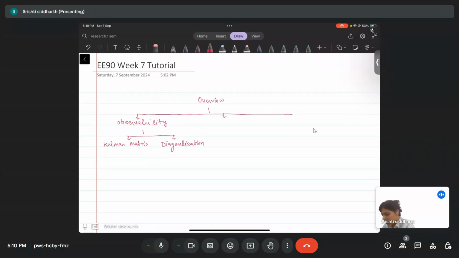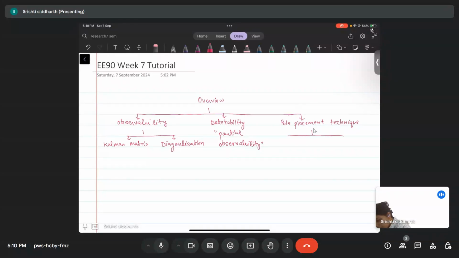After this, the concept of detectability, or partial observability, was discussed. And finally, a feedback control design known as the pole placement method was discussed.